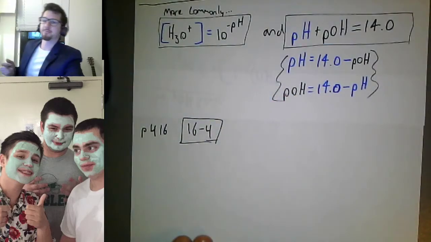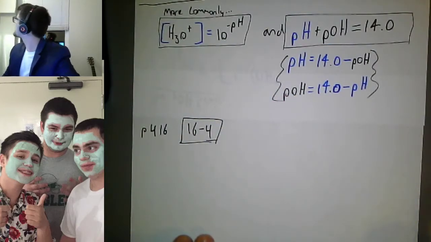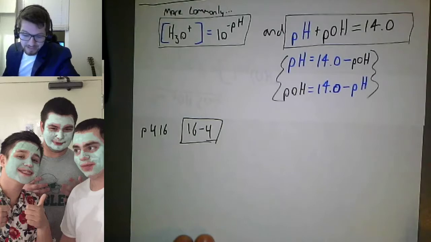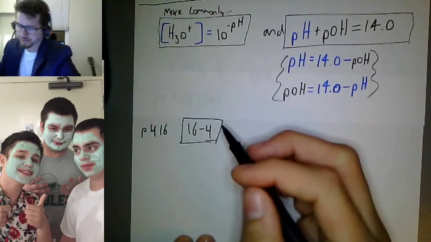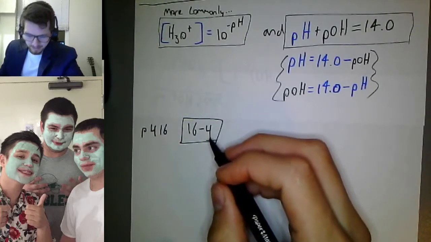And this one's super important, by the way. On our calendar, I have a take-home quiz this Friday on pH, pOH, and acid-base strength. This problem will definitely show up on that. So put a big star in your notes or something.